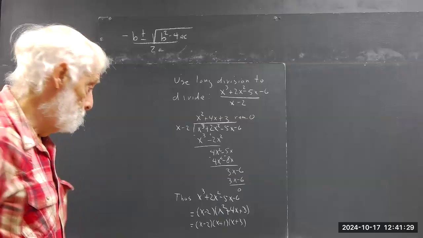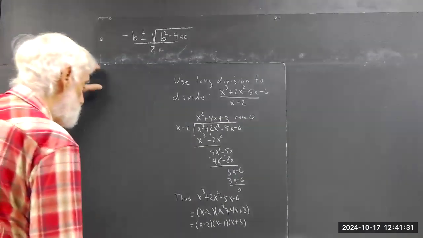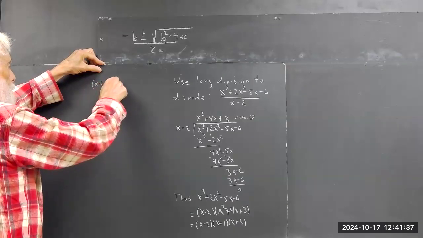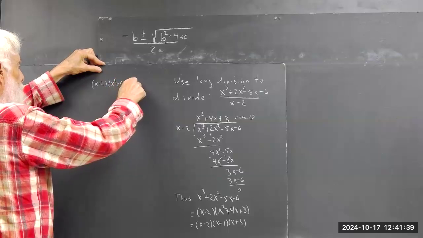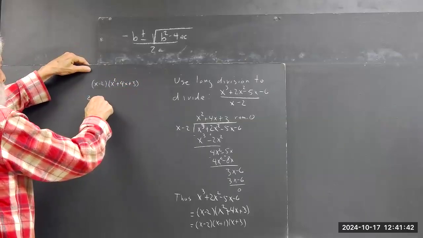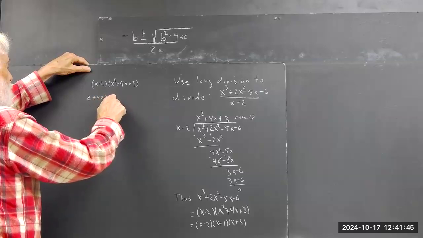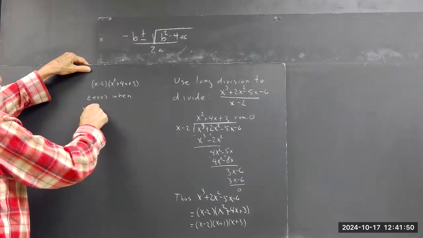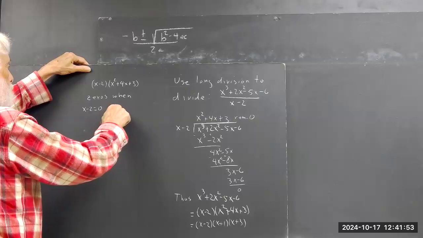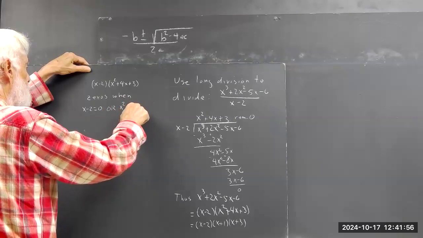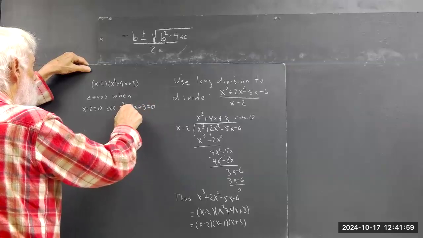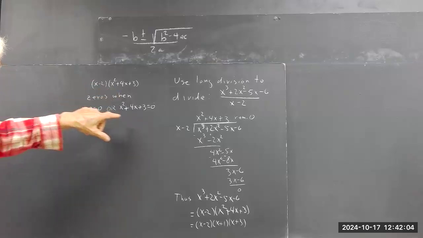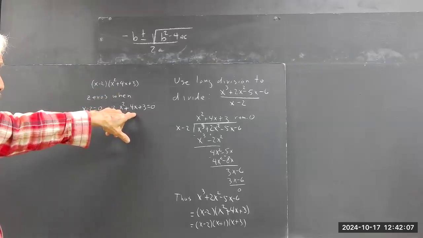If you didn't know that, well, you know that this has zeros when x equals negative 2 or x squared plus 4x plus 3 equals 0.